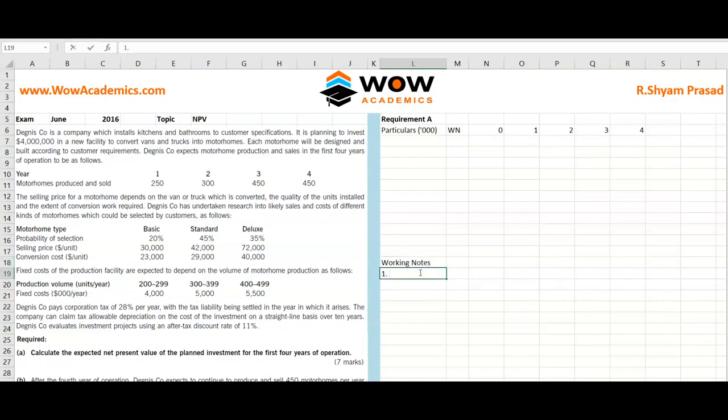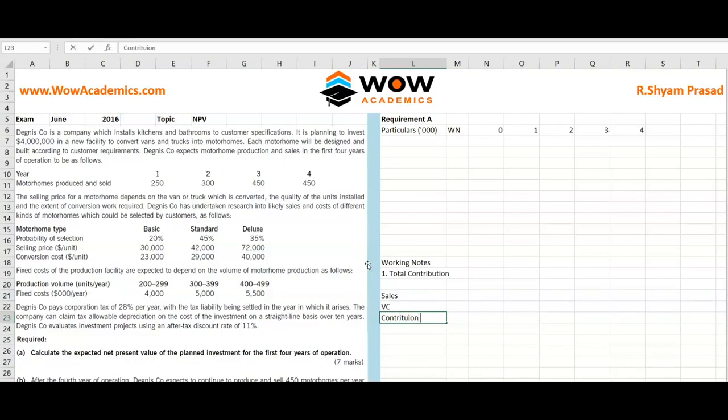The first working note we'll take as the total contribution. To calculate the contribution, first we have to find out the sales and the variable cost. So this will give us the contribution.